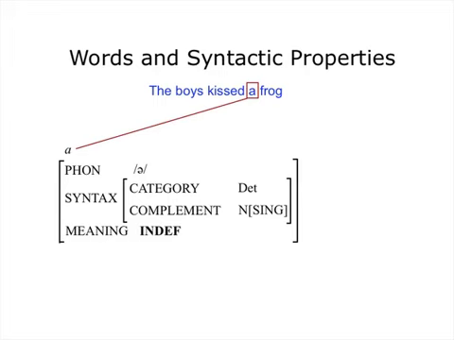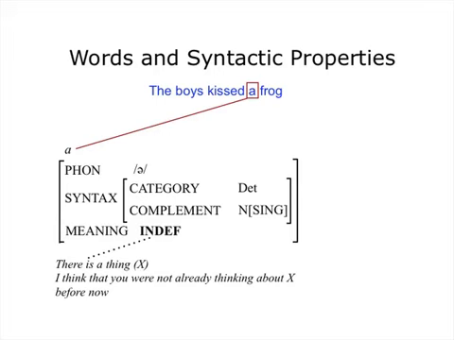So the complements would be things that are there because they're required. Ultimately by the meaning, but also by, you could represent that meaning requirement in terms of one of these kinds of syntactic features. And then there would be a meaning. We would just say indefinite, right?